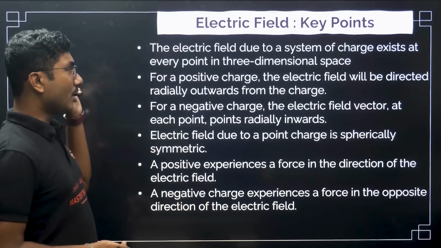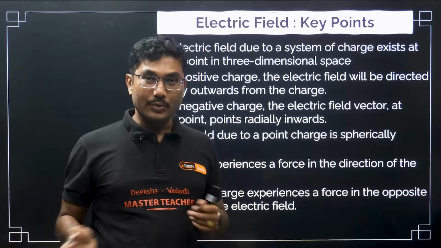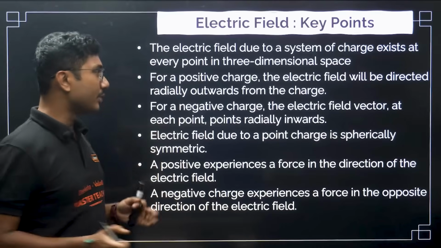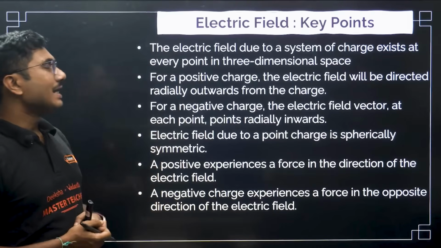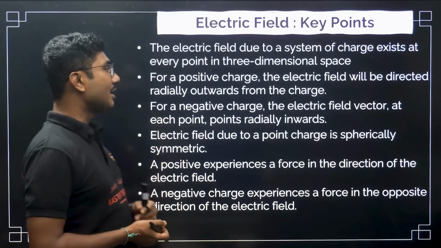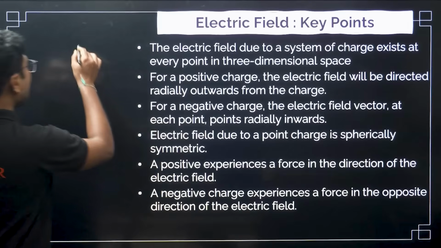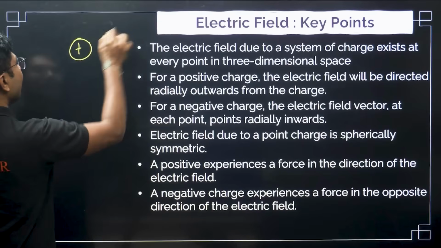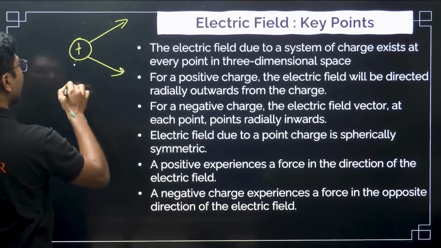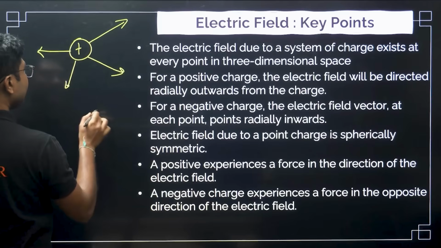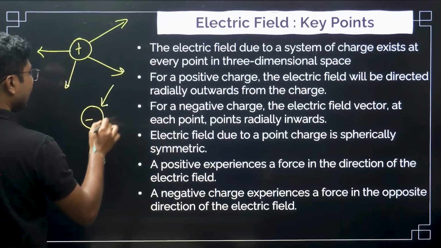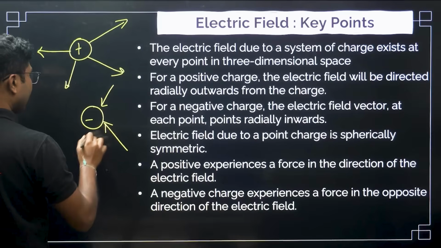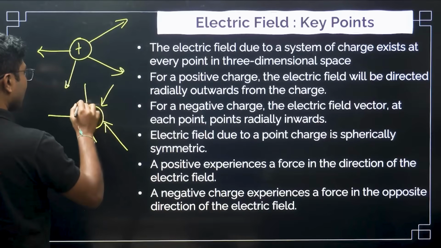For a negative charge, the electric field vector at each point is radially inward. So if the charge is positive, the electric field will be radially outward. If it is a negative charge, it is radially inward.